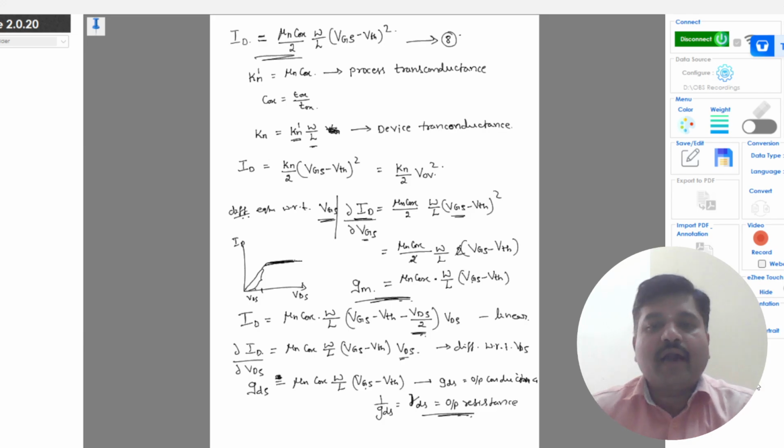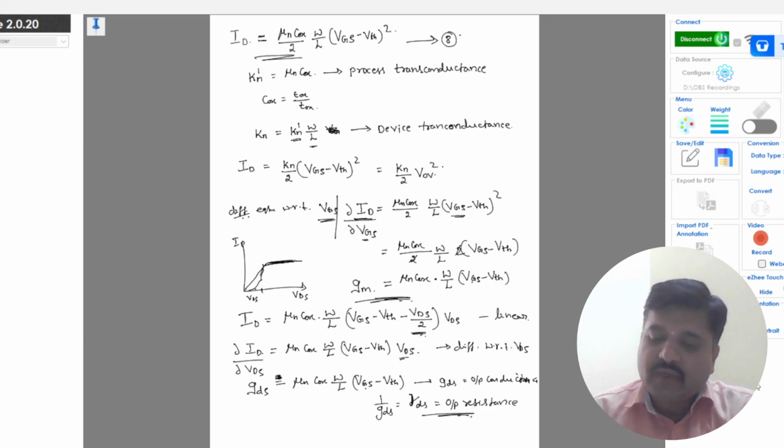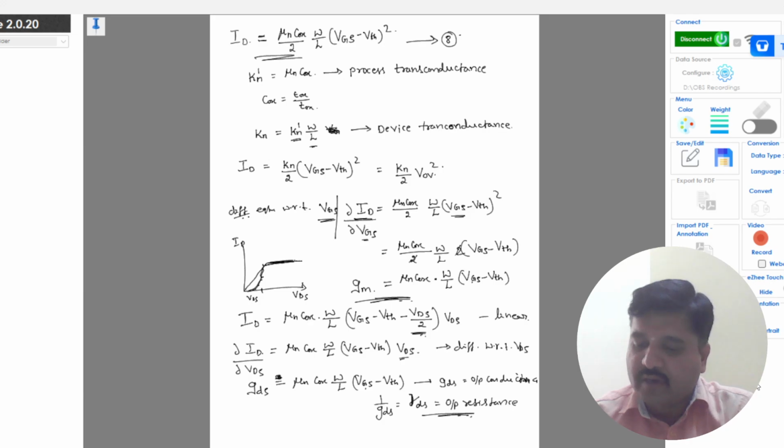This RDS is the output resistance only in the linear region, whereas in the saturation region the output resistance we will discuss shortly. So this is the output resistance corresponding to the MOSFET working in the linear region, that is only for a small value of VDS. The small value of VDS we have neglected here, whereas here this is the transconductance.